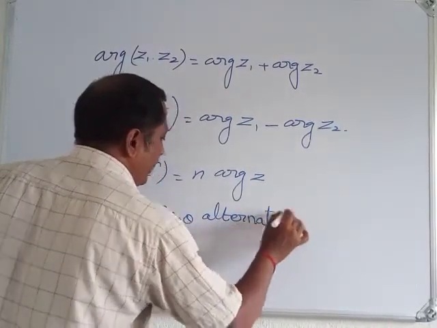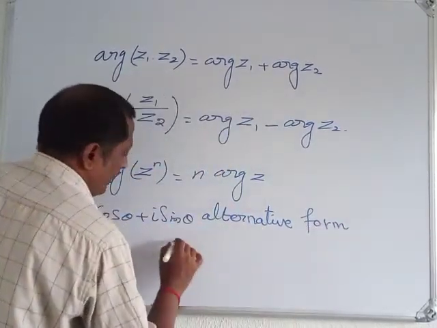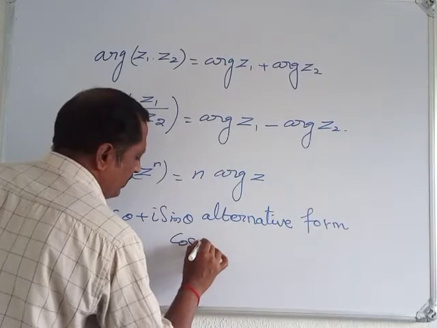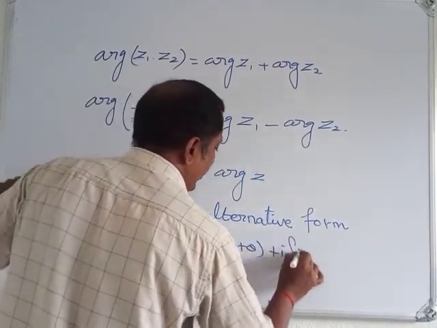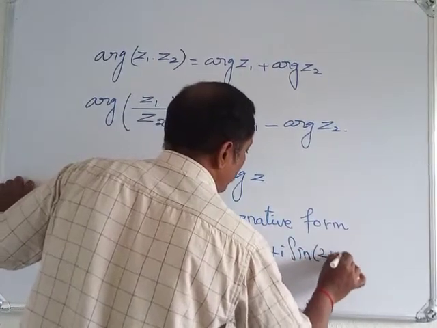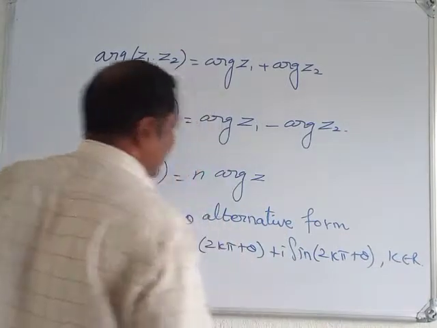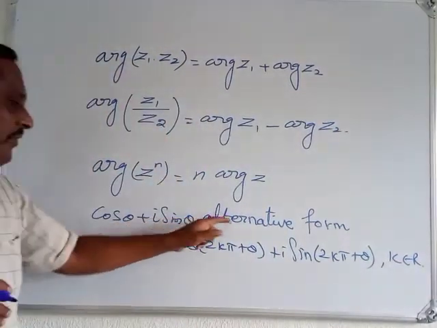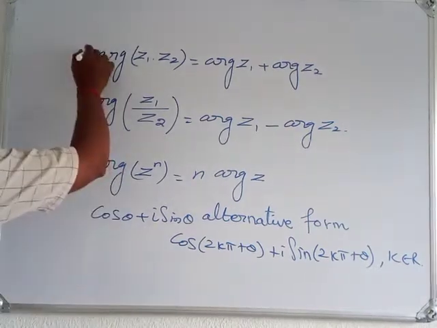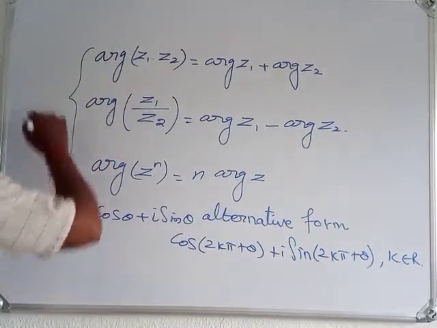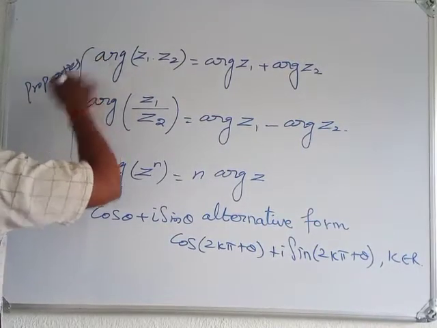The alternative form is cos of 2k pi plus theta plus i sin of 2k pi plus theta, where k belongs to r. This is the alternative form of cos theta plus i sin theta. So these are the properties of argument.